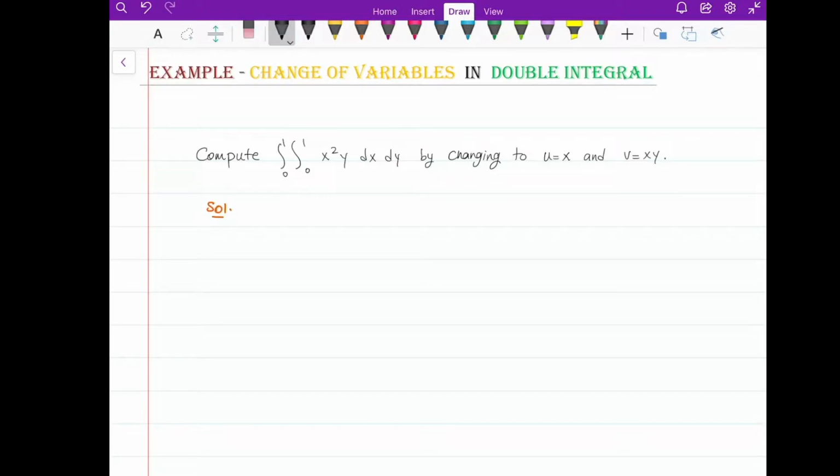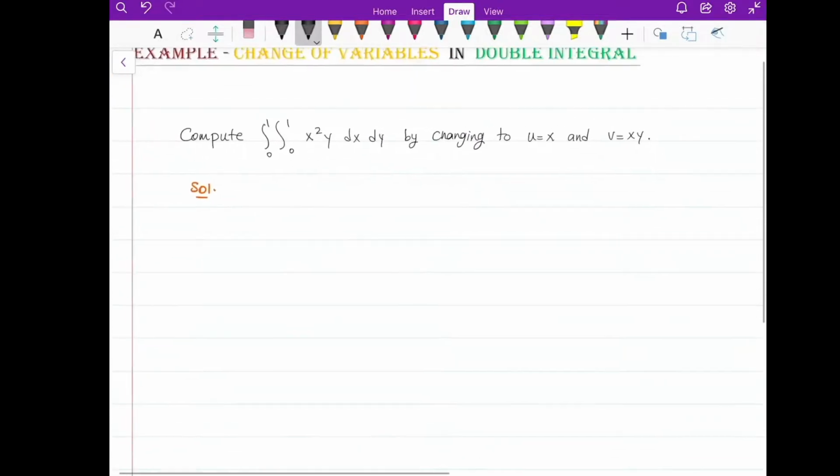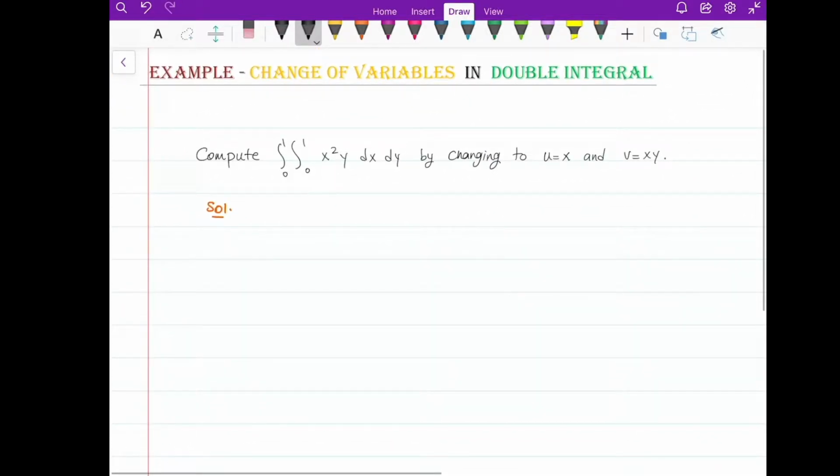Okay, so let me start. I'm going to change everything into u and v. The first step would be the area element. Because u and v are given in terms of x and y, I'm going to calculate the Jacobian of u and v with respect to x and y.